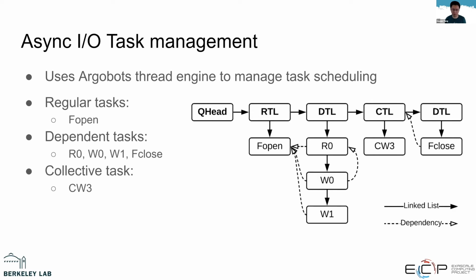So we want to keep the collective task order so that all the MPI processes are executing the same task at the same time to avoid a backlog issue. And also for the collective task, any collective task will be executed without other collective tasks being executed at the same time.